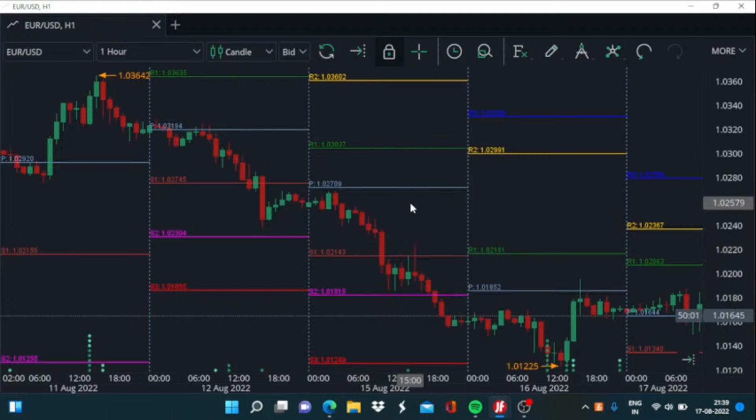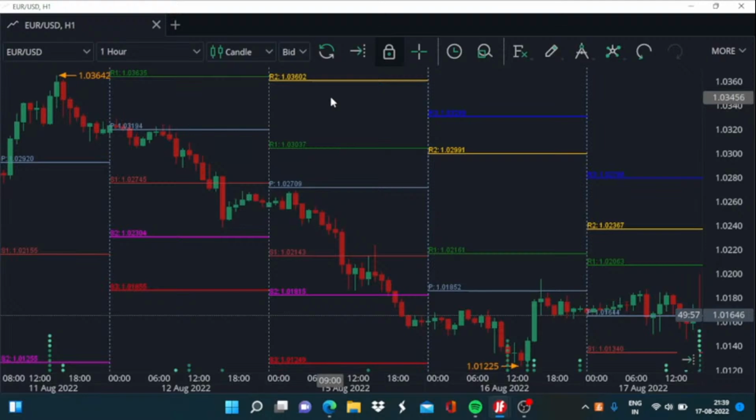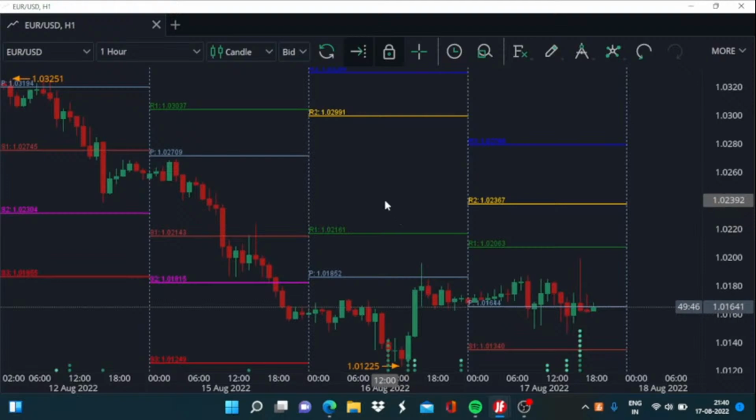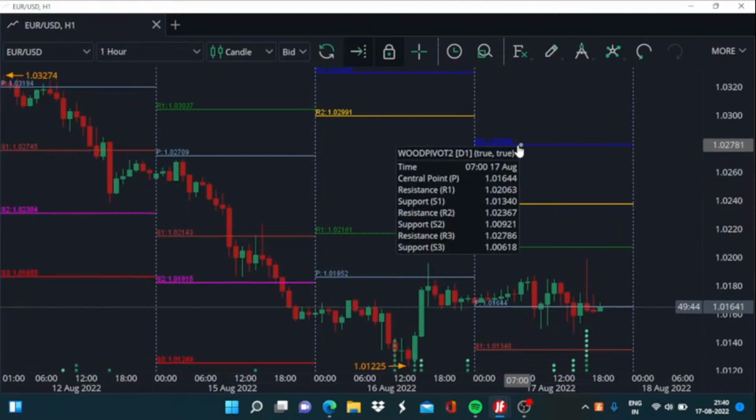And inversely, for the resistance zone we can adopt a similar strategy, looking for contra trend entries closer to the three key resistance levels for shorting the underlying instrument. So that's the use of this indicator formation.